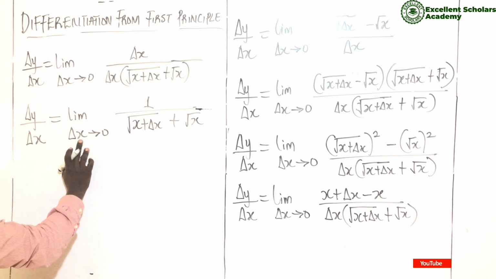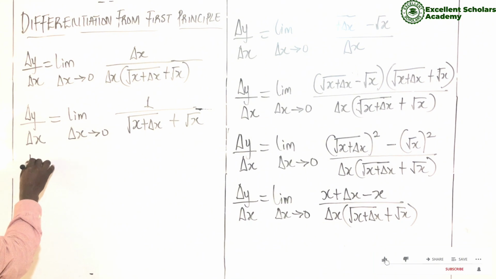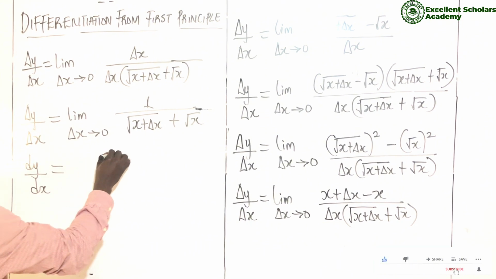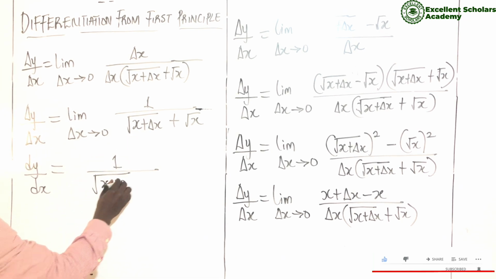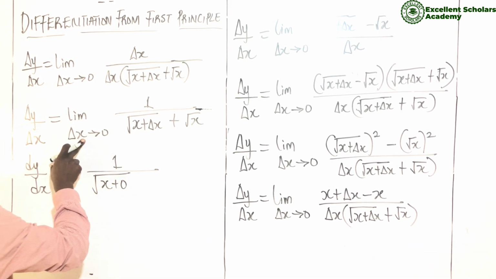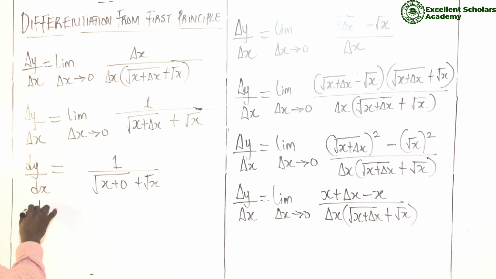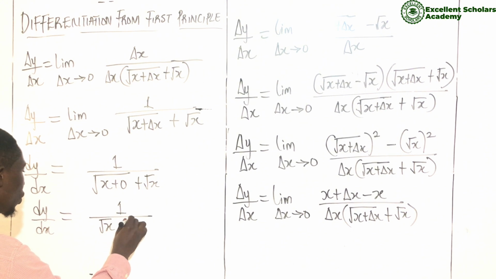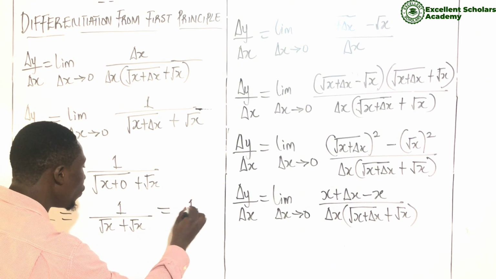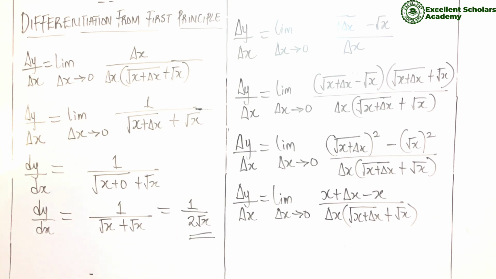Okay, now finally we're going to take the limit as change in x tends to 0. So dy dx becomes 1 over root x plus 0. That means anywhere I see change in x, I'm substituting 0, plus root x. And then dy dx equals 1 over root x plus root x, which finally gives us 1 over 2 root x, and that will be our answer.